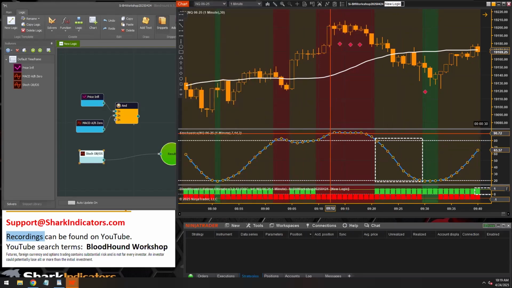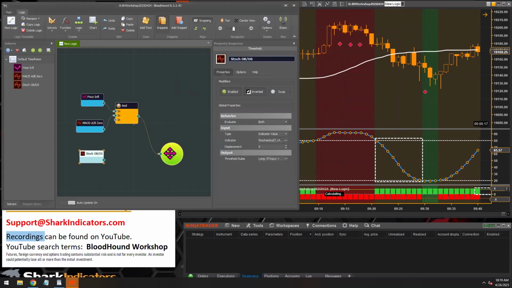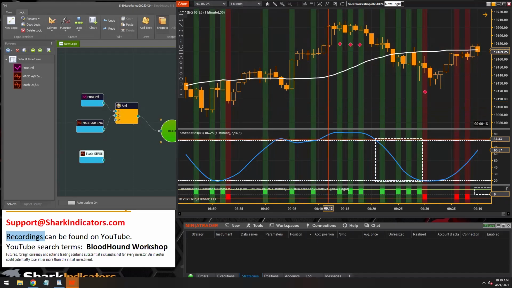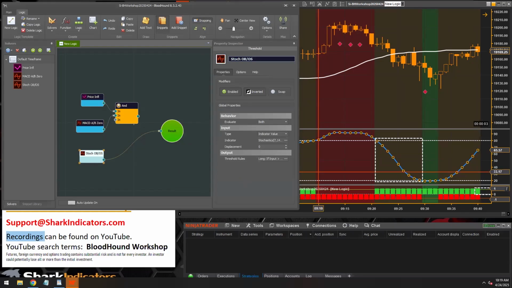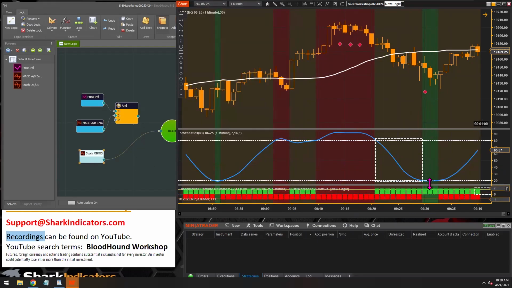However, now when the stochastic is overbought, we actually have a short output. So it is possible to get a short signal when the stochastic is overbought, or a long signal when it's oversold. Let's look at our stochastic solver again. When the stochastic is oversold, we have a long output.